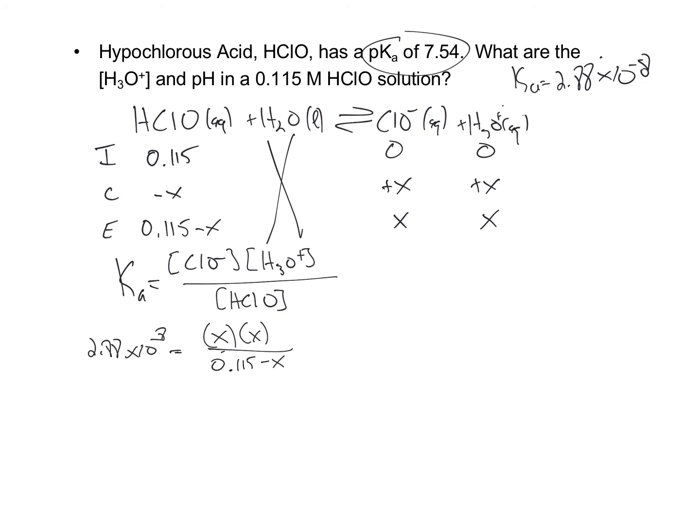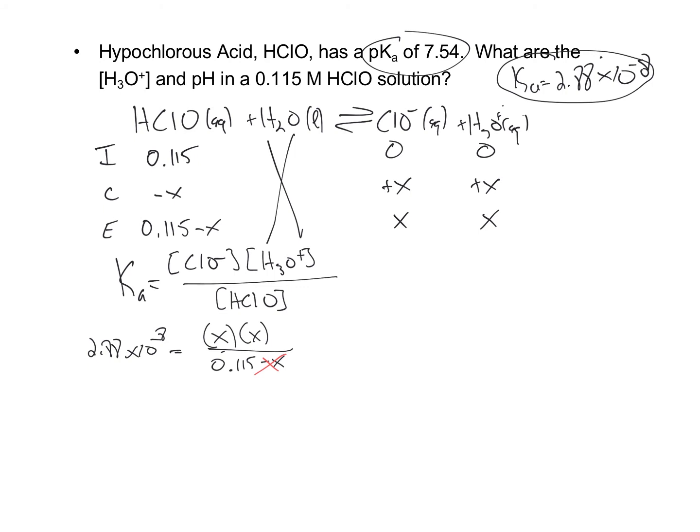And so this looks like a problem where we would have to solve the quadratic equation. However, as is the case with pretty much all weak acids, for the strongest of the weak acids, we can't do this, but for most weak acids, the equilibrium constant is very small. And so we can apply the K is small approximation, and that will allow us to ignore the minus x in the denominator. So that'll greatly simplify our solving of this problem.